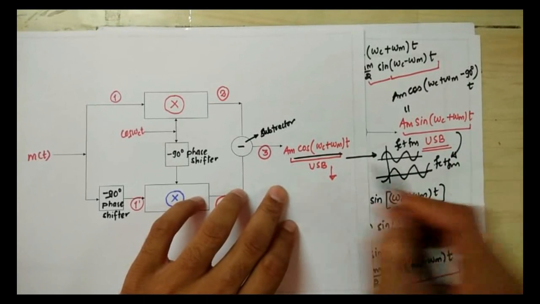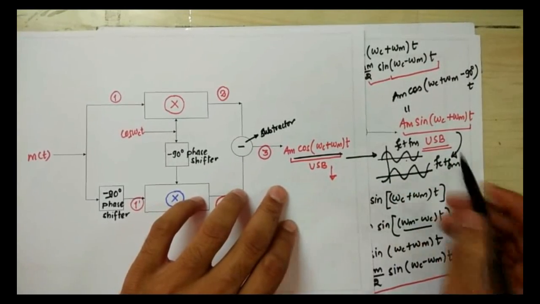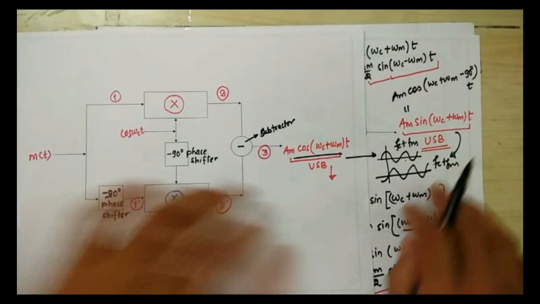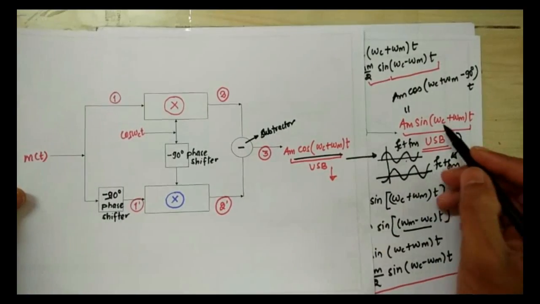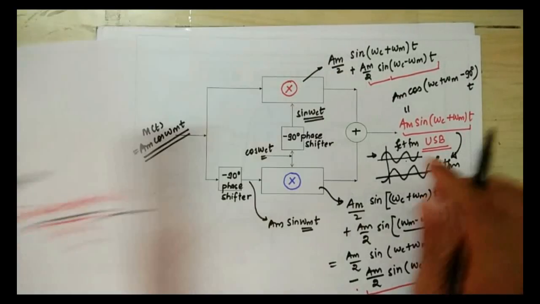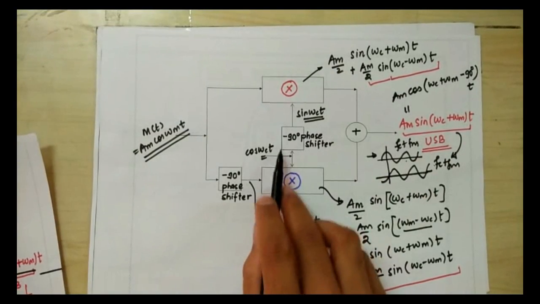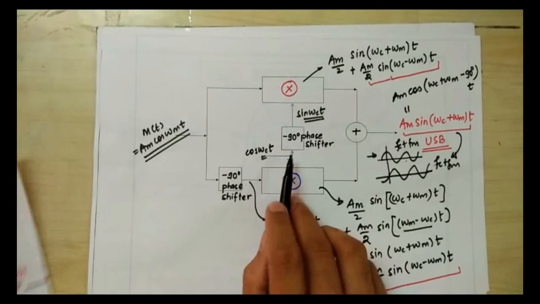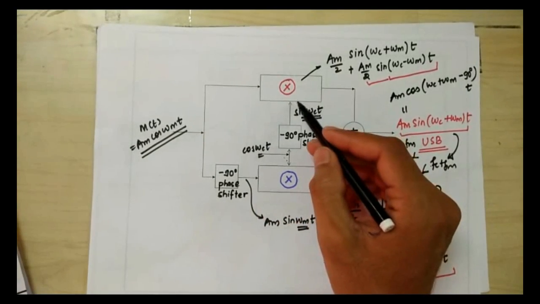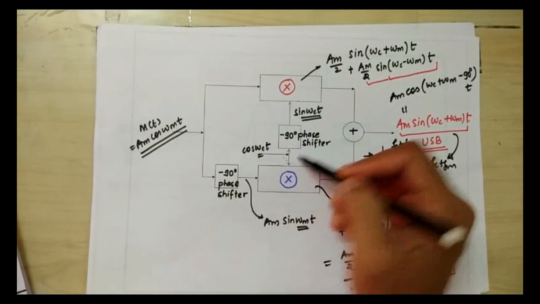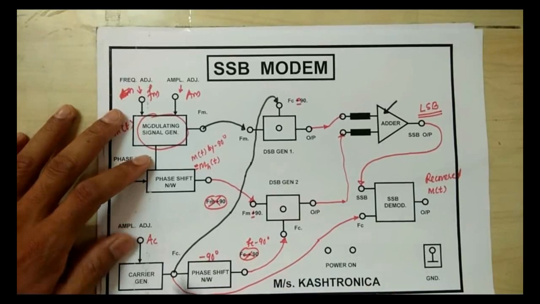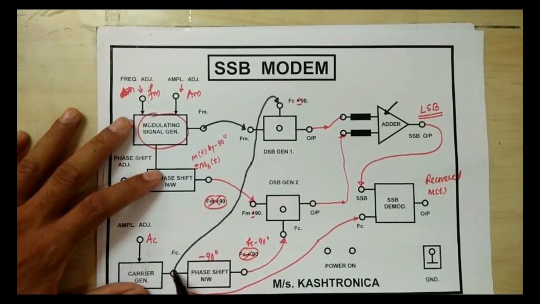So this is sine and this is cos. Basically these two are the same in nature, so we can generate USB by changing the carrier given to the DSB-SC modulator. Instead of giving the carrier signal to DSB-SC1, we are going to give this carrier signal to here.